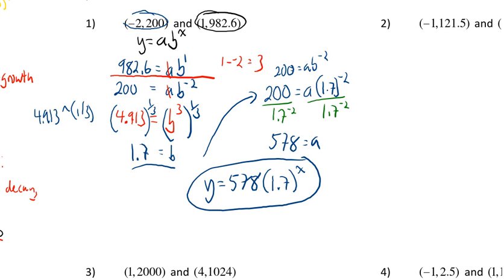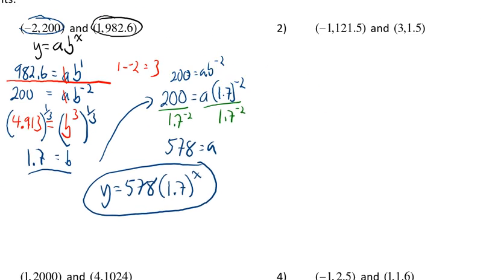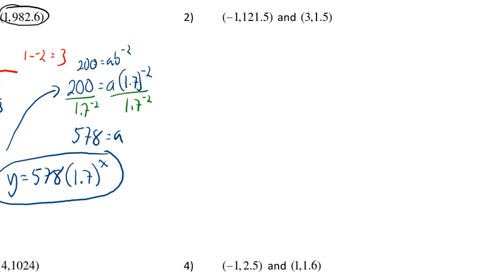And first of all, these points are listed from left to right as I would be reading a graph, because I start with a lower x value and I finish with a higher x value. And I notice y decreases. So I know that's exponential growth, and I'm sorry, exponential decay.